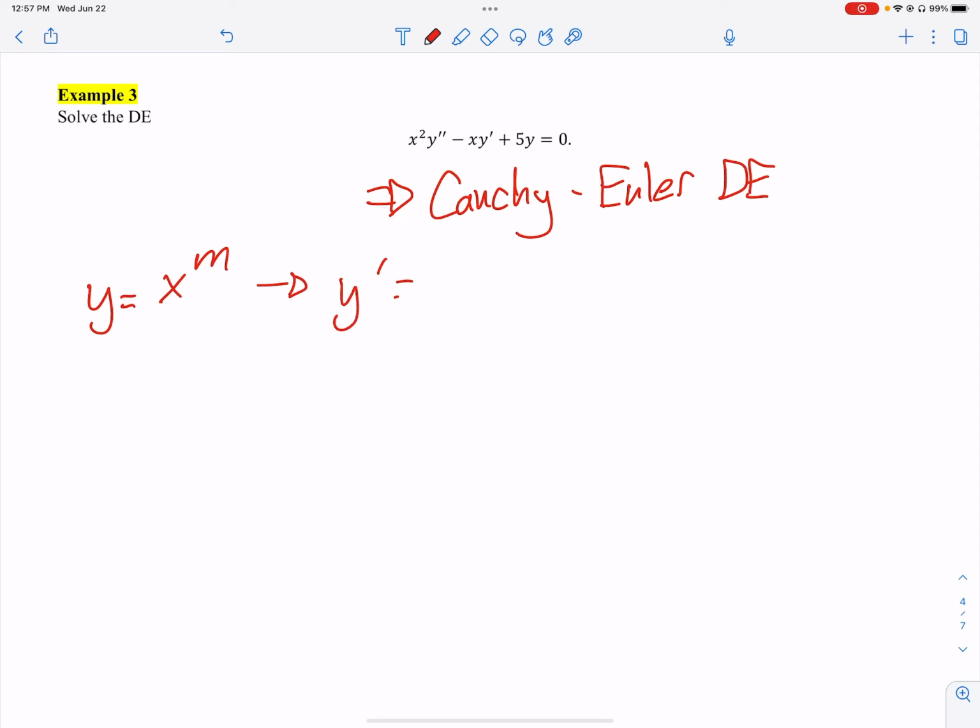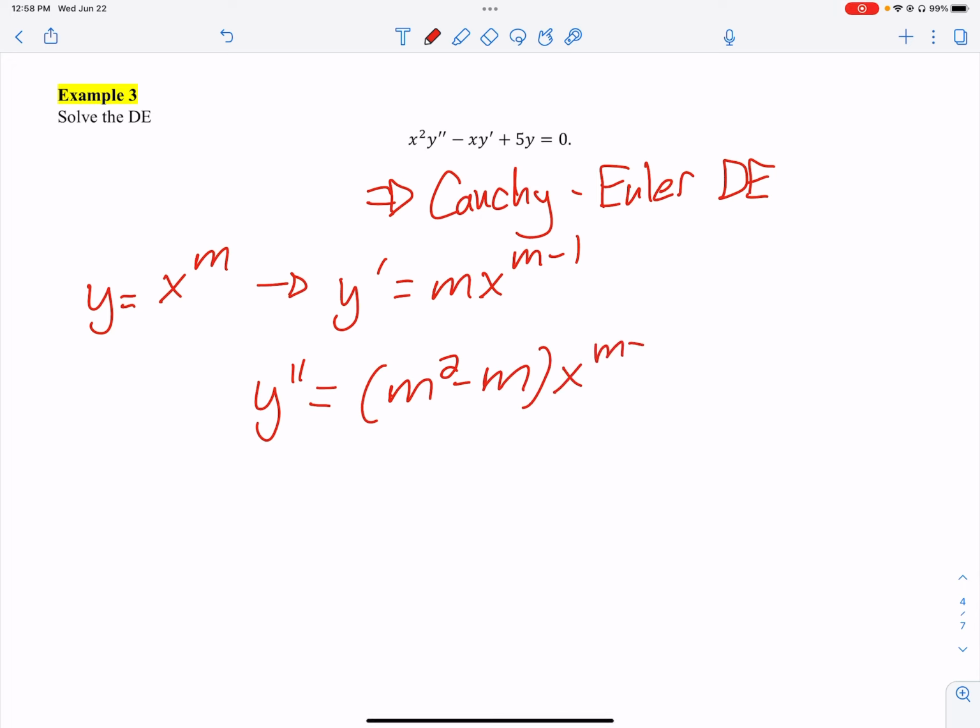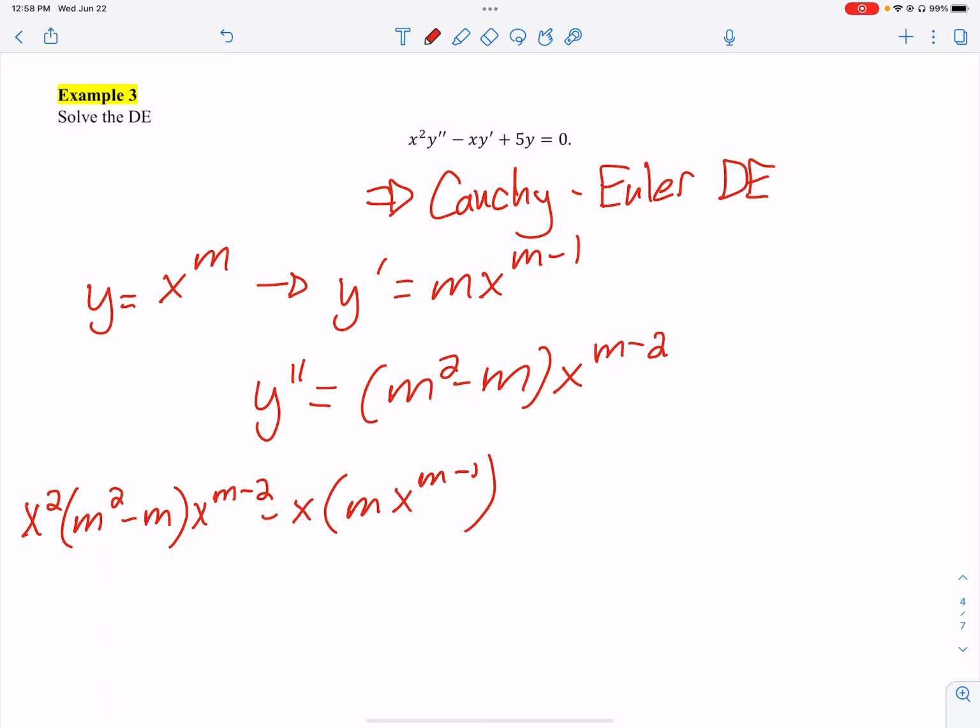So y prime is m times x to the m minus 1, and then y double prime will be the same thing. If you want to memorize these, that's great. I am not great at memorization. I forget things a lot, so I like to come up with those every single time. All right, now I plug that in. x squared times y double prime, which is m squared minus m, times x to the m minus 2, minus x times y prime, and then plus 5 times x to the m.